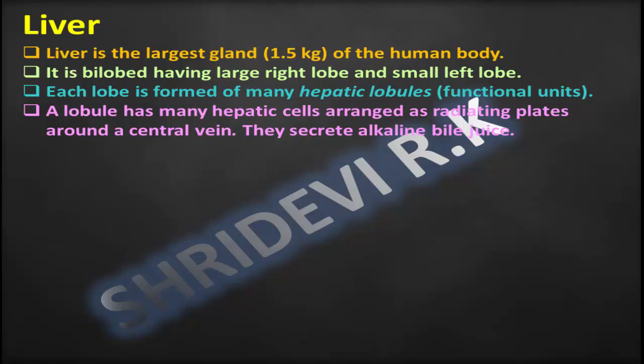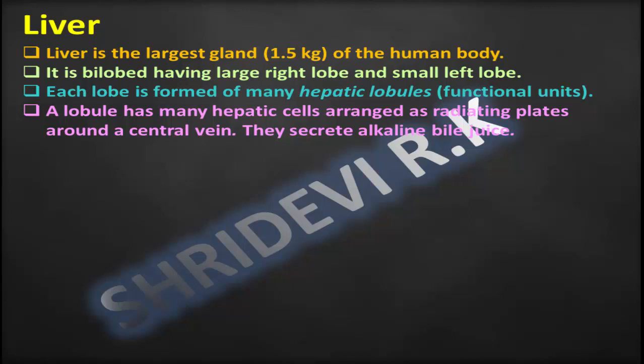Each lobe is formed of many hepatic lobules, which are considered functional units. Hepatica refers to liver.